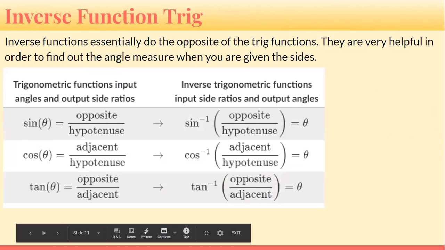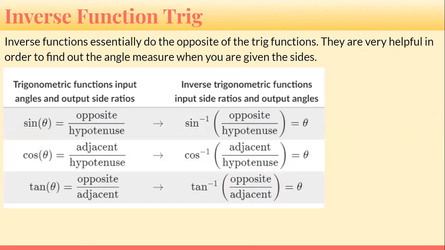Let's look at inverse trig functions. By inverse functions, I do not mean 1 over sine theta. That is not what I mean. I am not talking about negative exponentials.